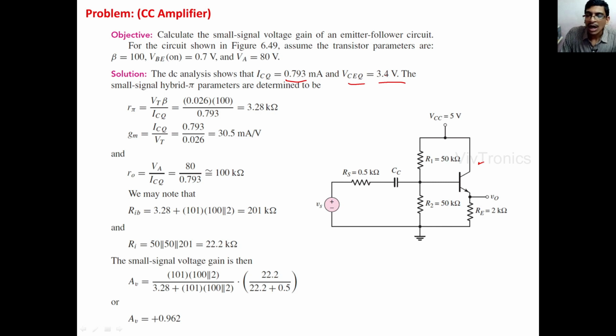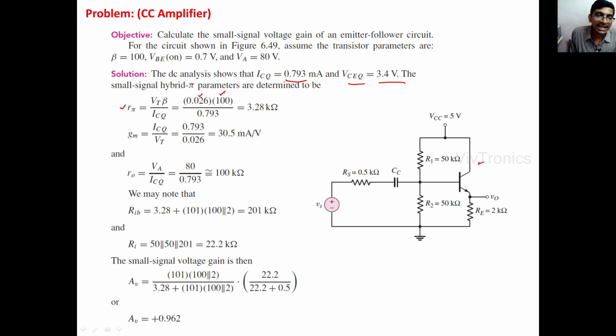We already know how to do the DC analysis by applying KVL, and from this we can calculate the small signal input resistance R pi is equal to VT times beta divided by ICQ. VT is the volt equivalent of temperature, that is 26 millivolts at room temperature.